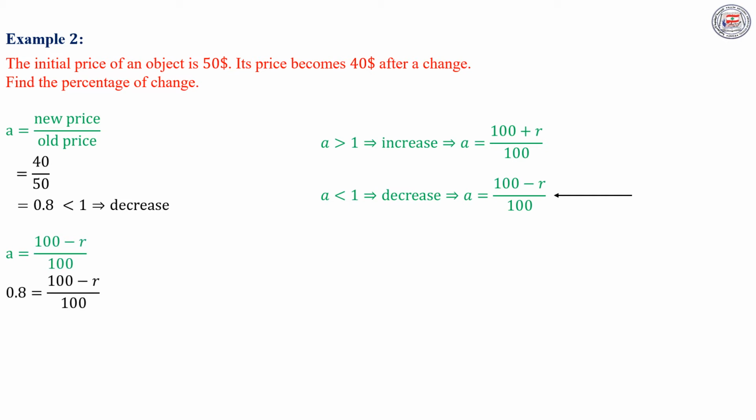A is equal to 0.8, then 0.8 equals 100 minus R over 100. If we make a cross multiplication, then 100 minus R is equal to 80. Minus R is equal to 80 minus 100. Minus R is equal to minus 20. Therefore, R is equal to 20%.